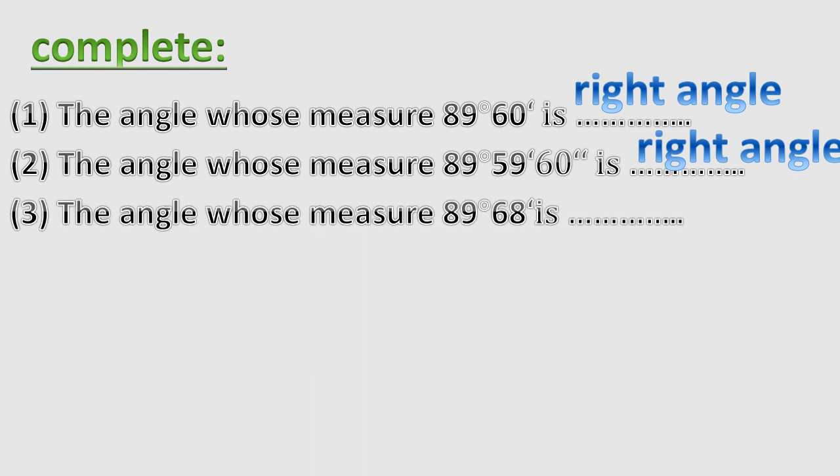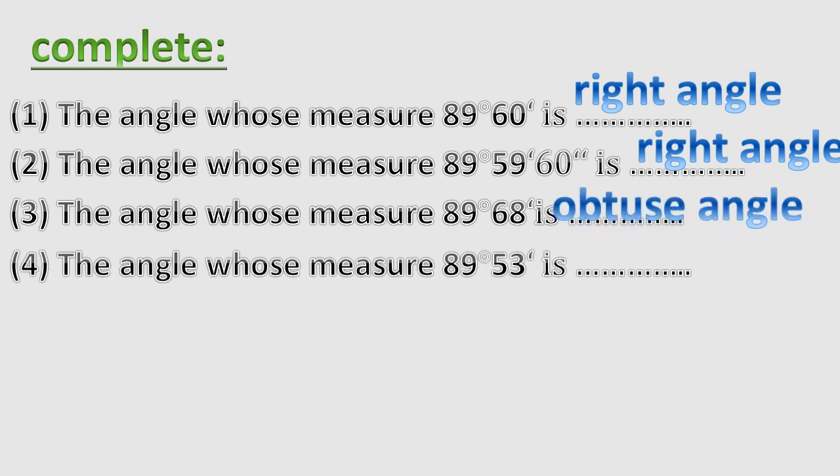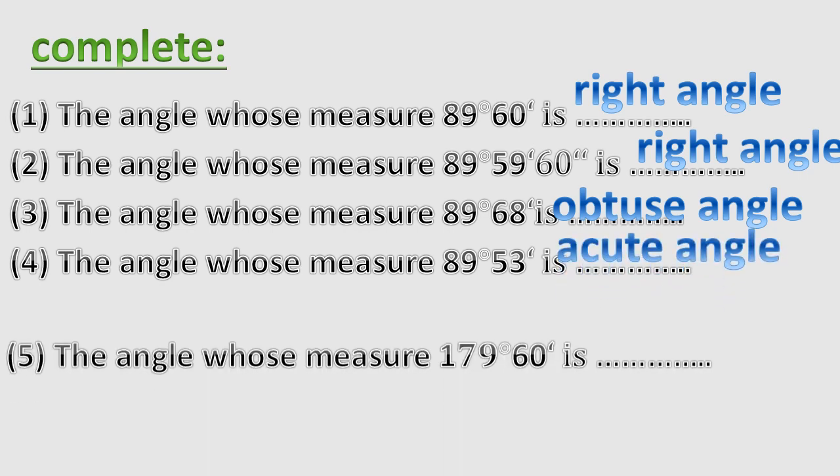The angle whose measure is 89 degrees 68 minutes: from 68 minutes I will take 60 only. 60 equals 1 degree, it will be 90 degrees and 8 minutes, it is more than 90, it will be an obtuse angle. Number 4, the angle whose measure equals 89 degrees 53 minutes is less than 90, it's an acute angle.